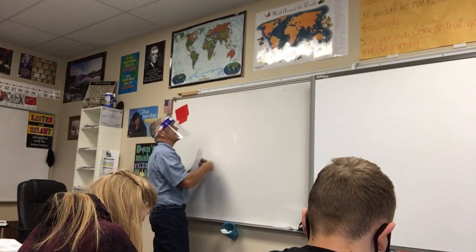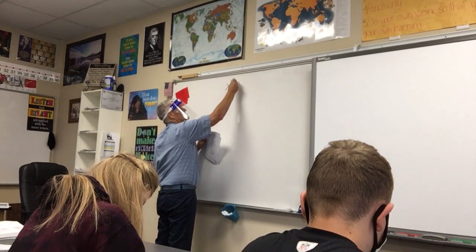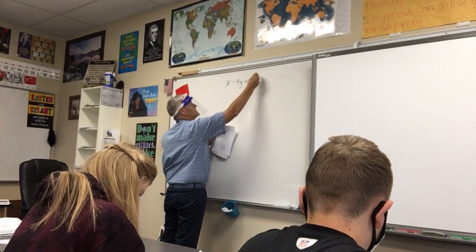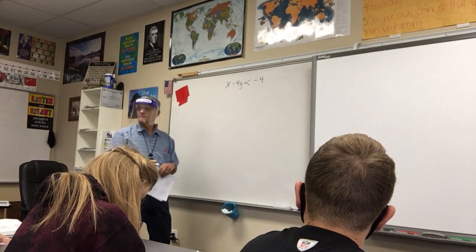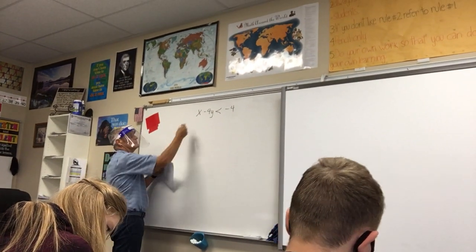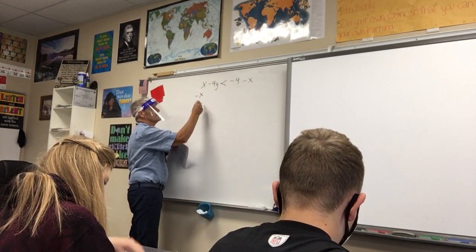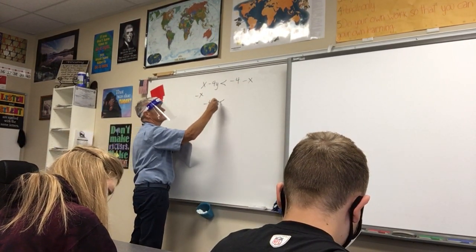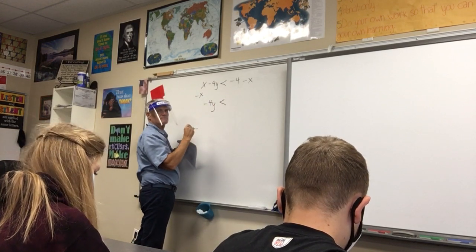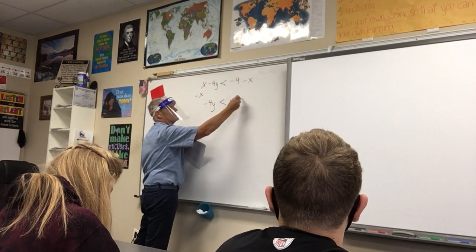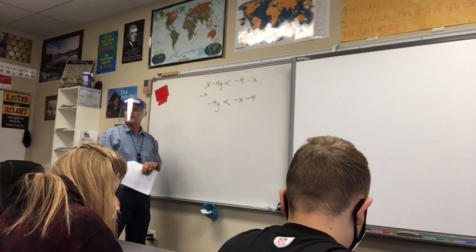So we have x minus 4y smaller than negative 4. Minus x, minus x. Negative 4y is less than. I'm just going to switch in order, because I don't have to do that, it doesn't really matter.